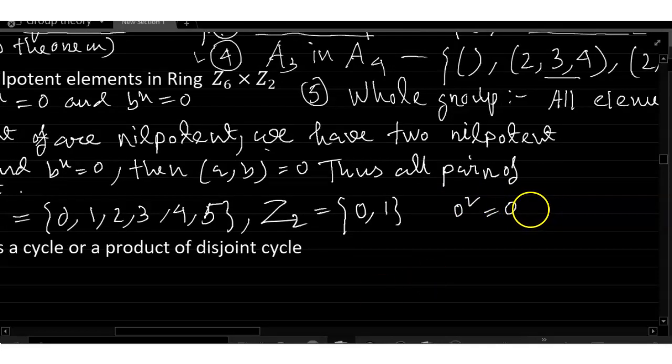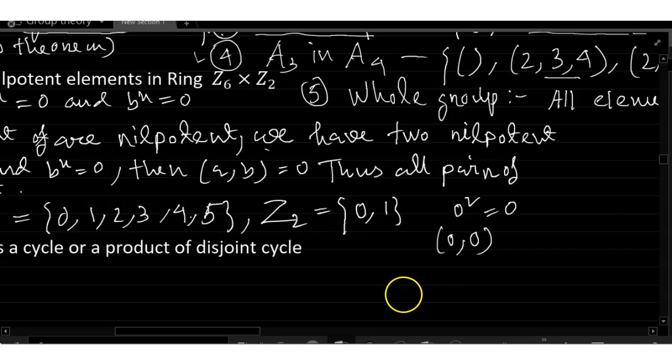Any other element we can't get: 2 squared is equal to 4, 3 squared is equal to 9, 4 squared is equal to 16, and 4 cubed anywhere we can't get. So my nilpotent element is (0, 0).